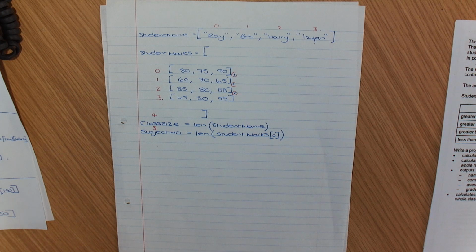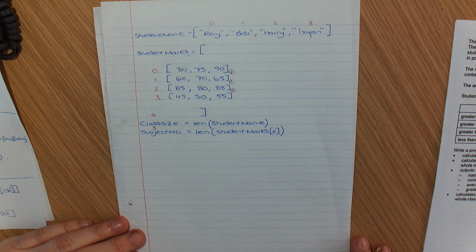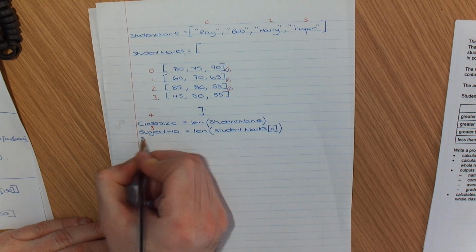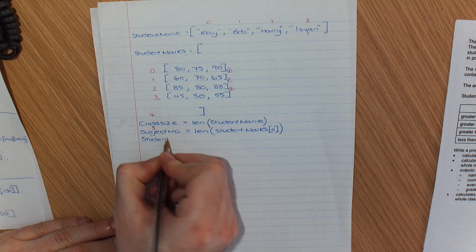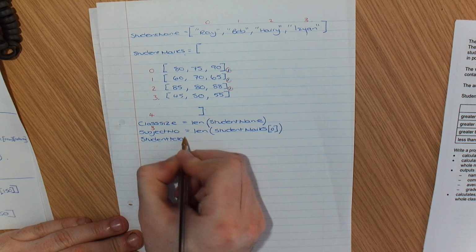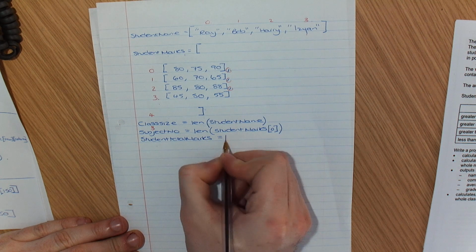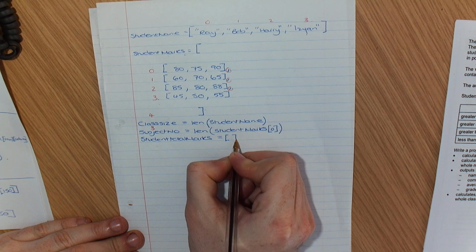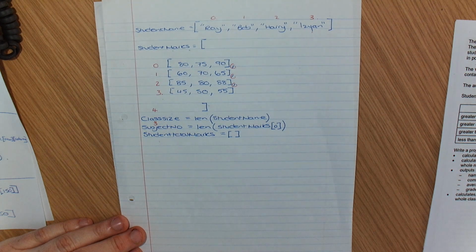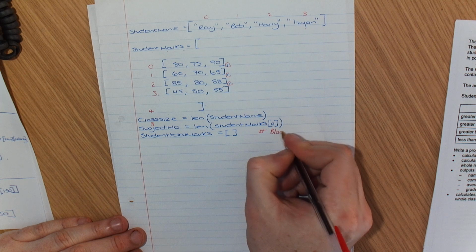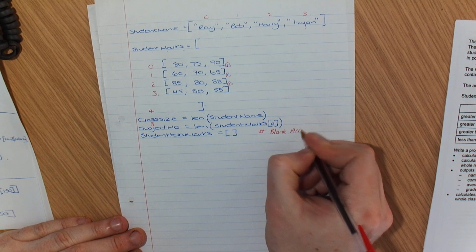So I'm going to set up a brand new array called student total marks equals, so that's a blank array. So what I've done here, I'm going to just do a hashtag there, is I've set up my blank array.